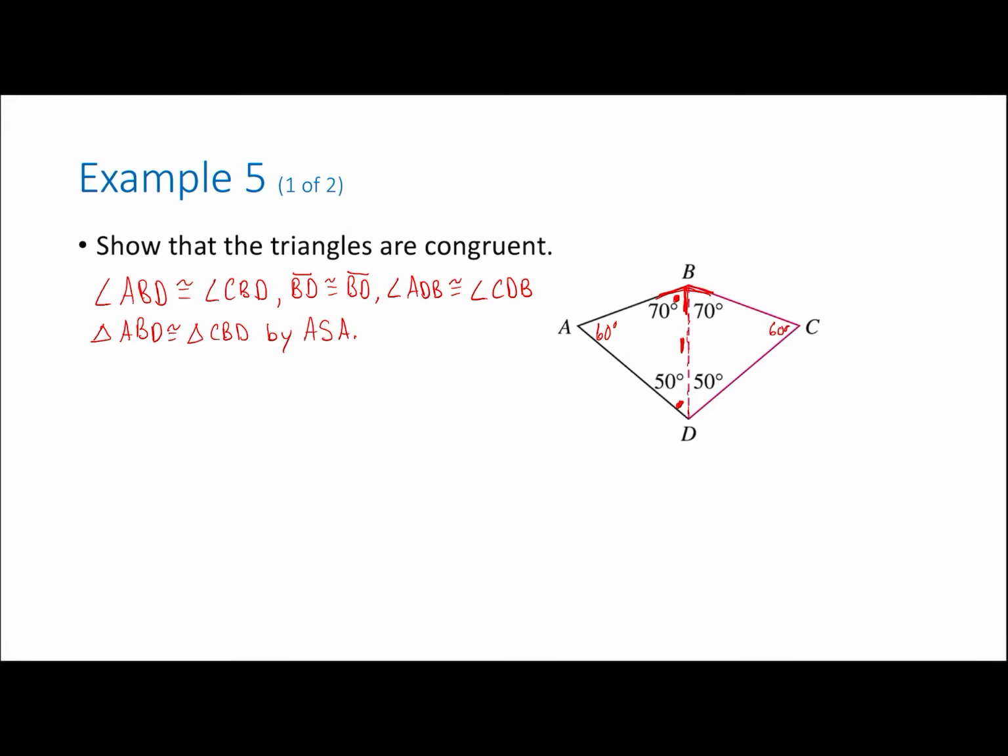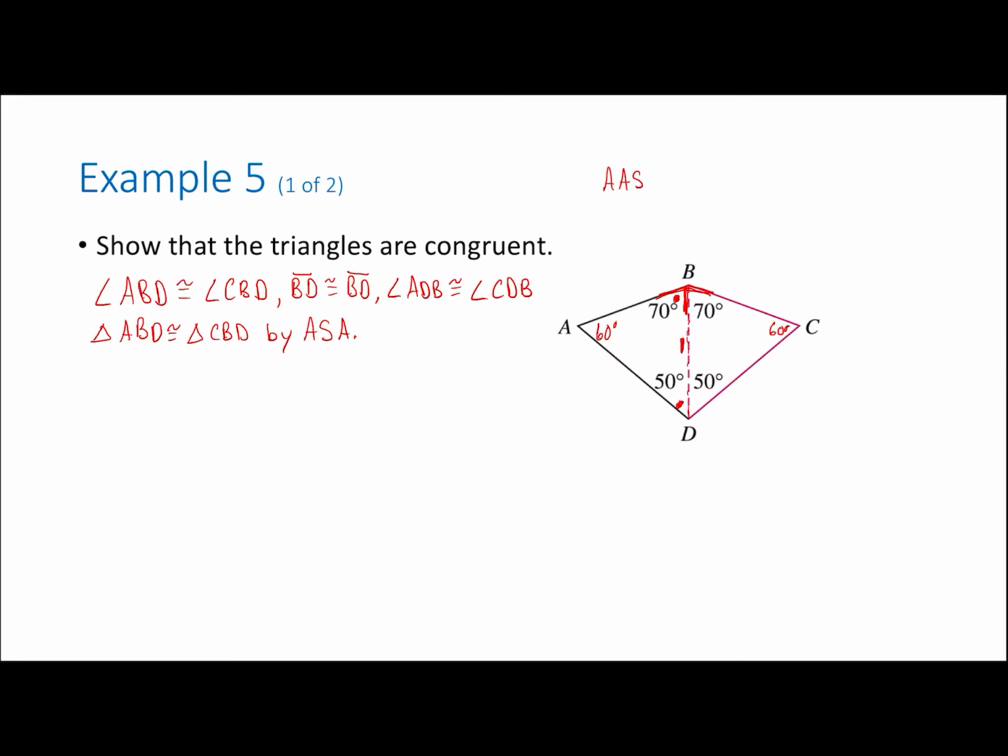Because you know that a triangle has a sum of 180 degrees for its angle measurements, you could take the 70 plus 50, which is 120, and subtract that and find out that the measurement of angle A is 60 degrees. And if you did the same thing with the other triangle, you would see that angle C is also 60 degrees.